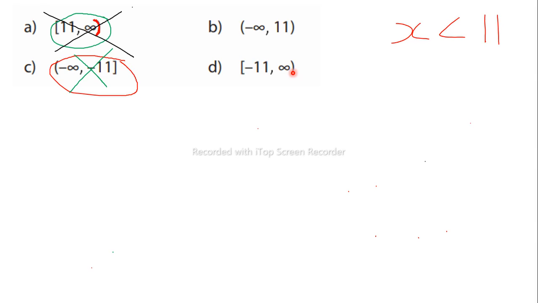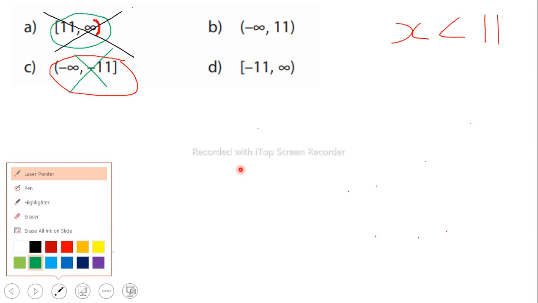Numbers continually increase. That's an amazing idea. And so we have -11 all the way up to positive infinity. We start at -11 and go increasingly large all the way up, getting bigger and bigger.